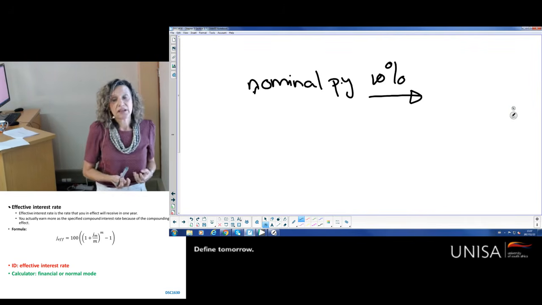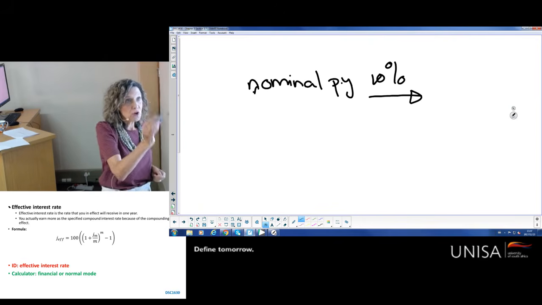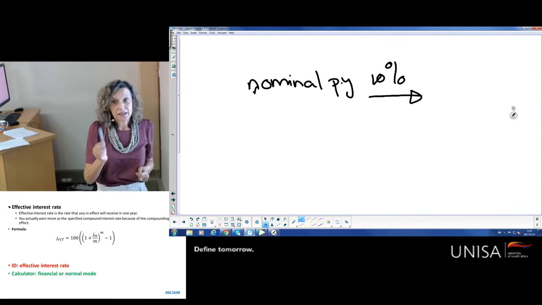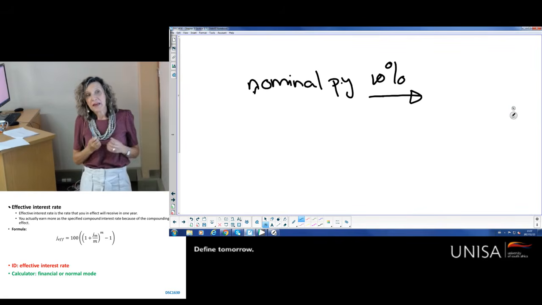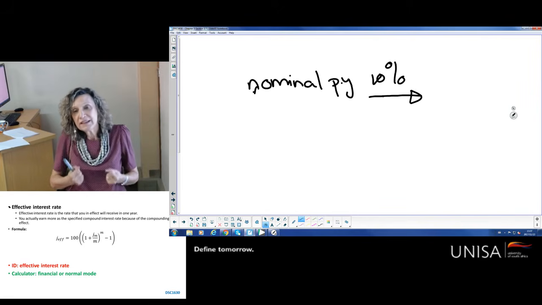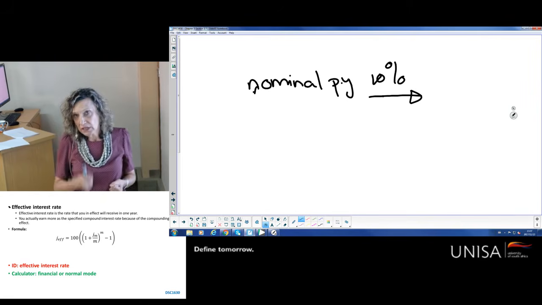You would have actually earned more. So you earn more than the nominal interest rate on your money in 1 year. And that is what we call the effective interest rate, meaning what in effect am I earning in 1 year?